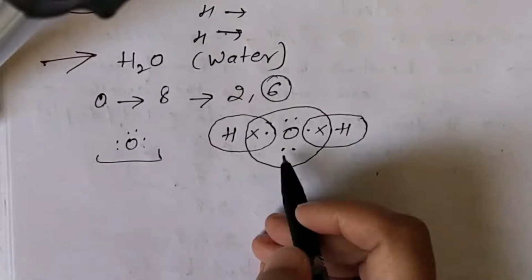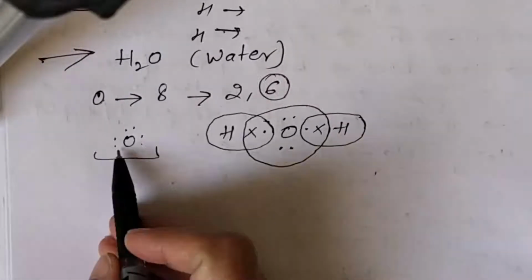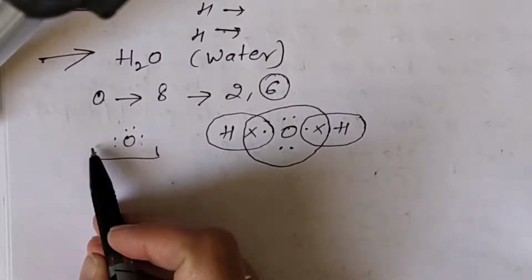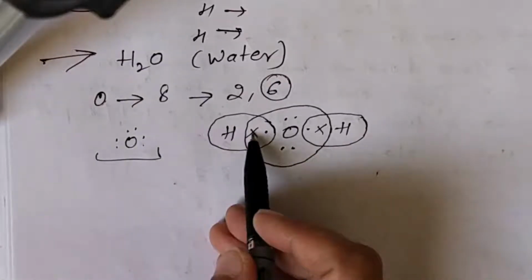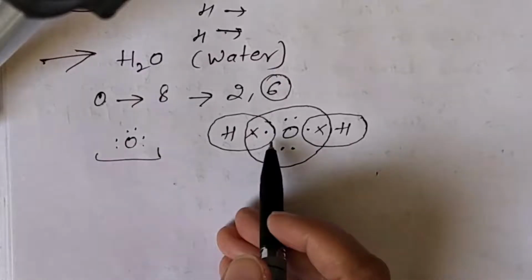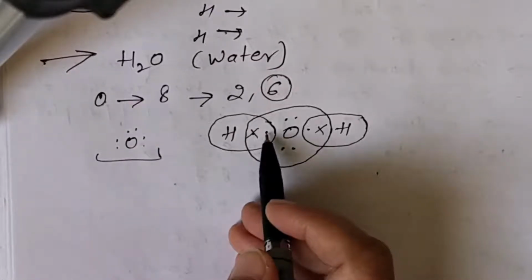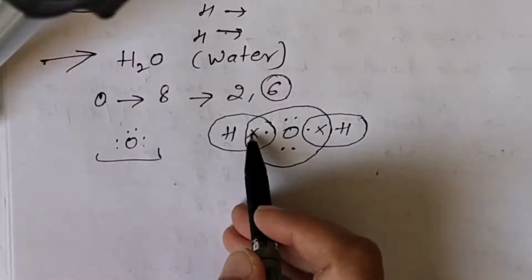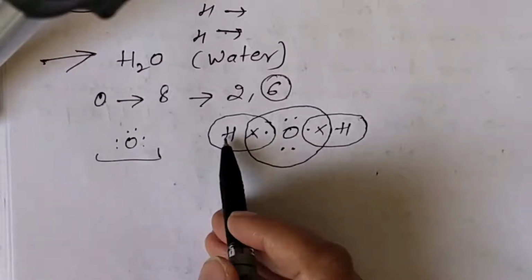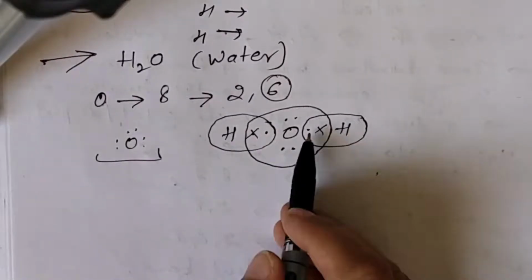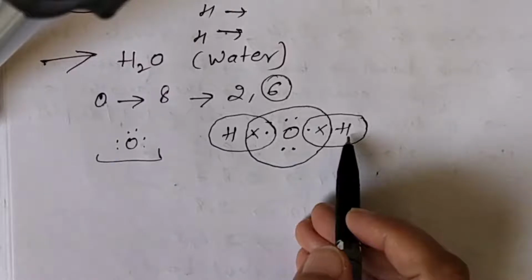Is it okay? If you write in this way, in which you have paired the electrons, then it is not possible to show a covalent bond formation with the single electron of hydrogen. That is why I am showing you here that only one electron should be shown, because one covalent bond formation is occurring with one hydrogen atom, and another covalent bond is forming with another hydrogen atom. Two covalent bonds are formed.